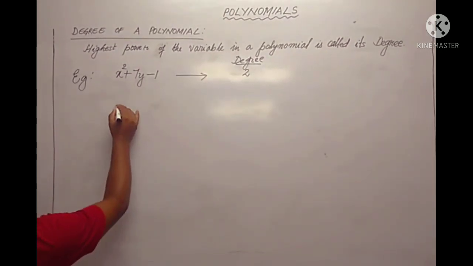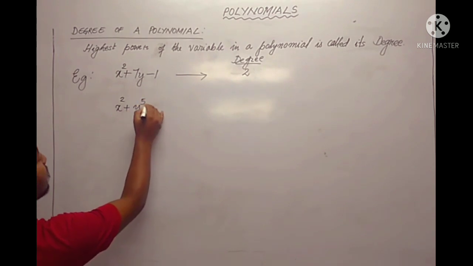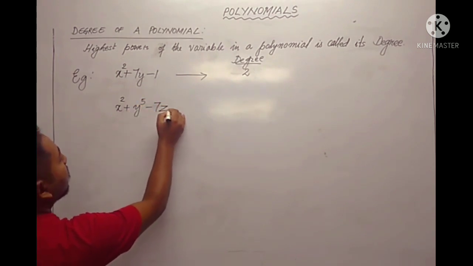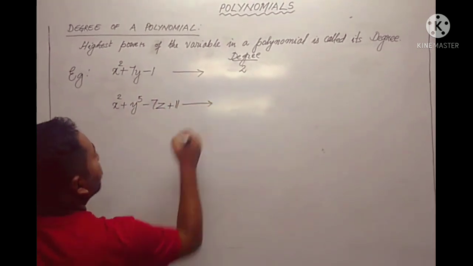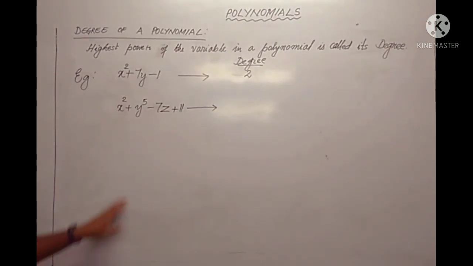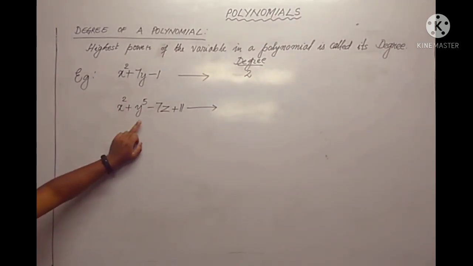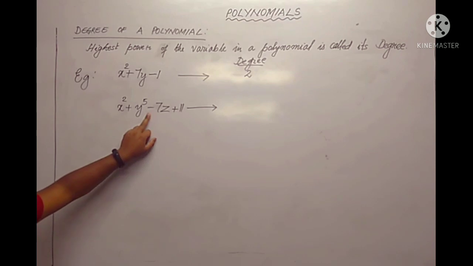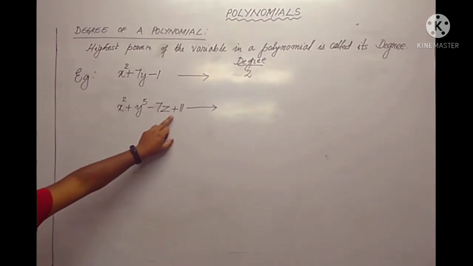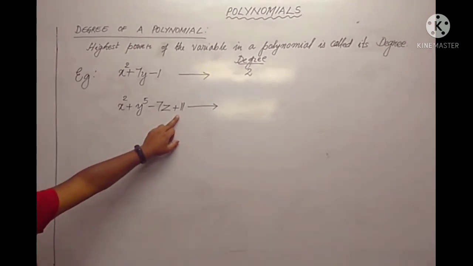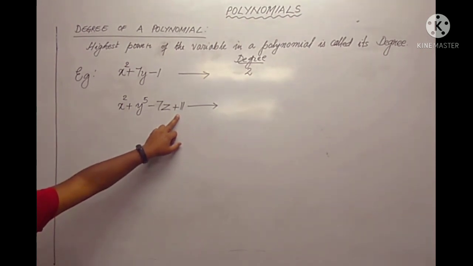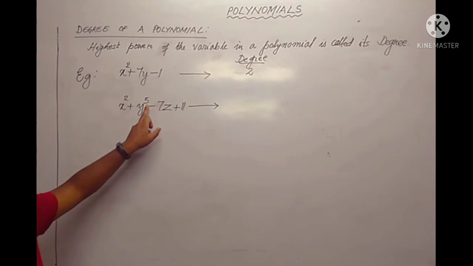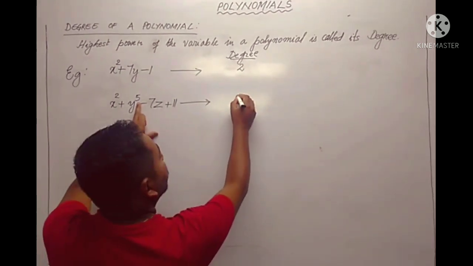One more. If I give you this expression, x square plus y to the power 5 minus 7z plus 11, what is its degree? In this case, see the highest power of the variable. The highest power is 5, so the degree will be 5.